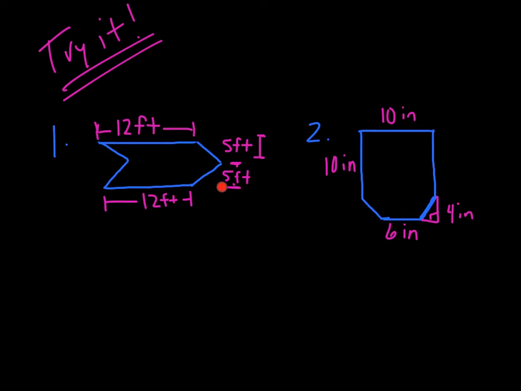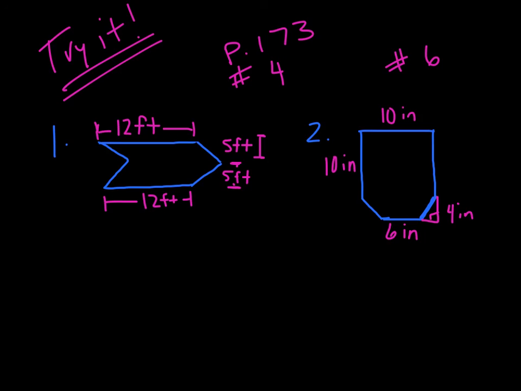Same thing down here, from here to here is 5 feet. If it would help you to see this in the book, it's on page 173, number 4. So 173, number 4, if you need to see it a little better. And this one over here is number 6. So if it helps you a little bit, go for it.